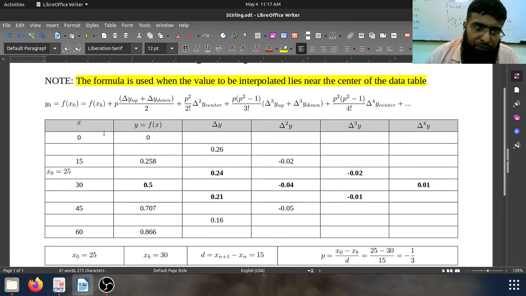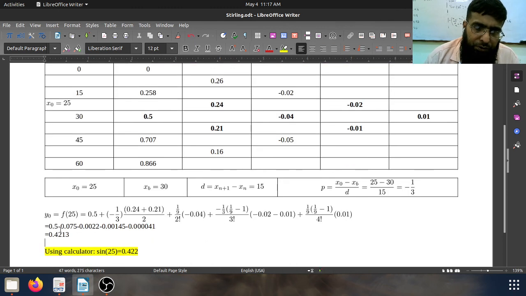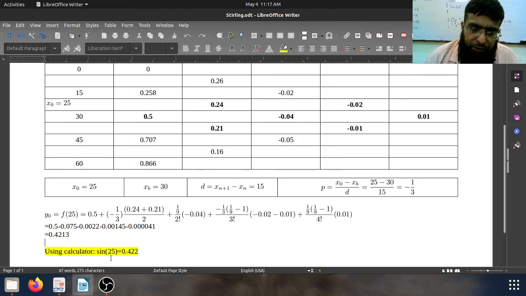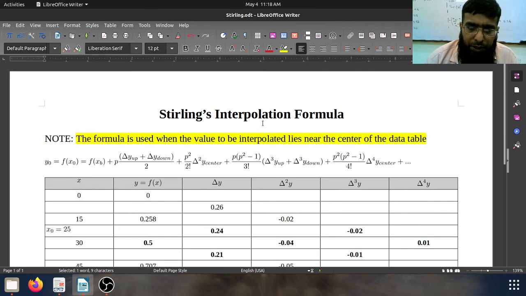We know this table is for sine of x, and we have actually interpolated the value for theta equal to 25 degrees. It comes out to be 0.4213. We can verify our answer using any scientific calculator to compute sine of 25, which comes out to be 0.422, very close to the answer we have interpolated using Stirling's interpolation method.